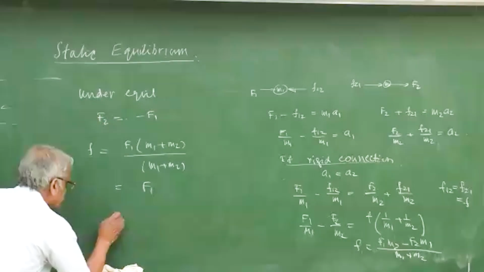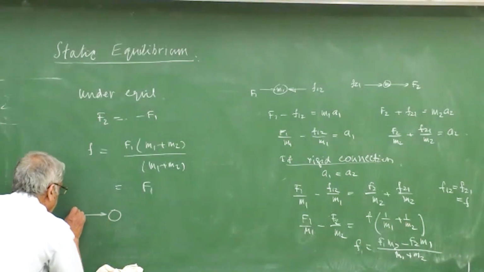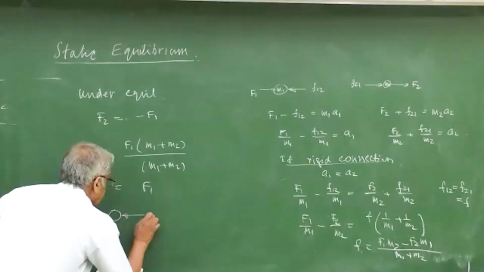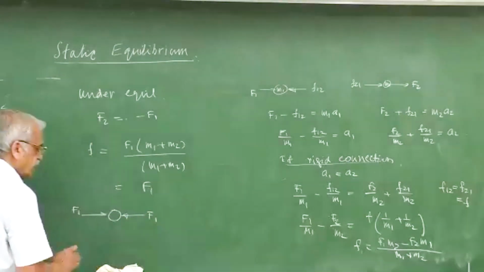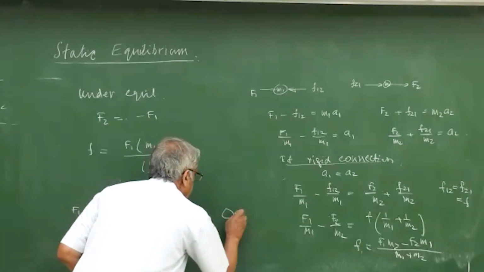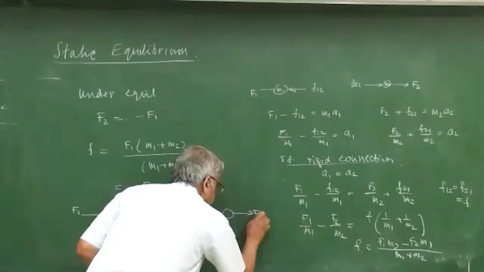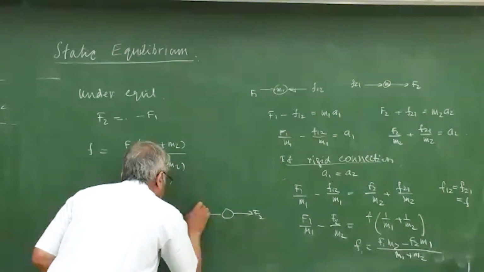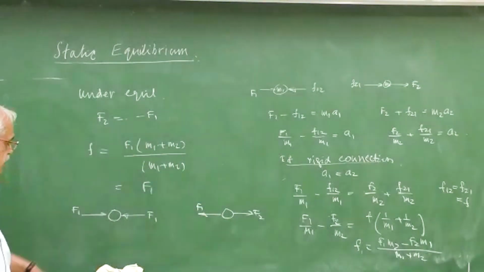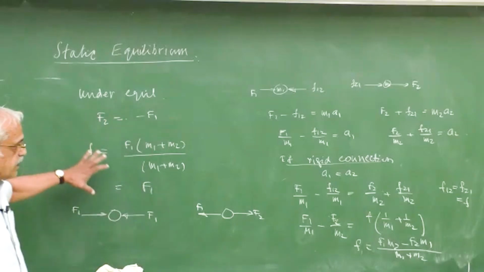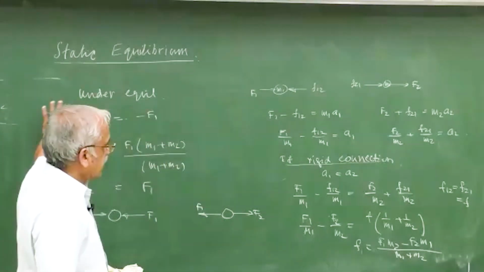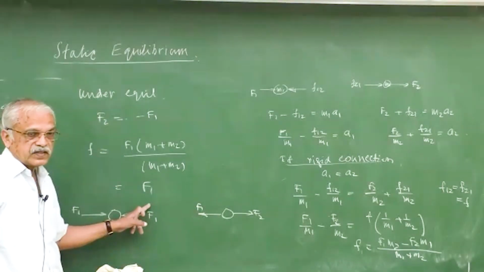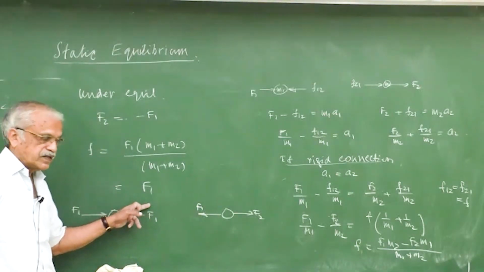So if I write those things again here, what is the force here? This acting force is nothing but F1, and on this one I have F2, which is equal to F1. So under the assumption that we have a rigid connection, what I found is that the internal force is simply equal to F1, right?